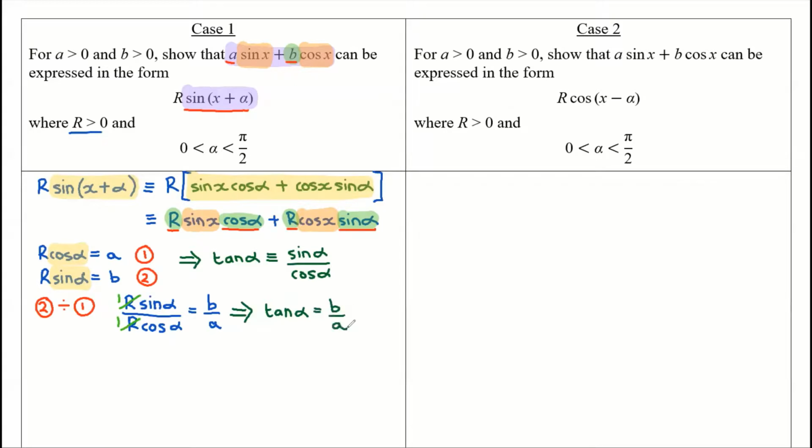So this is extraordinary. If I'm given some harmonic expression like this, and I take the b and the a, which we know, and divide them, that is the tan of the angle of the translation. All right, so that's really, really useful. So we're going to put this in a box and make it look really important.